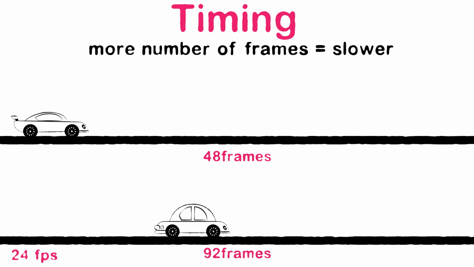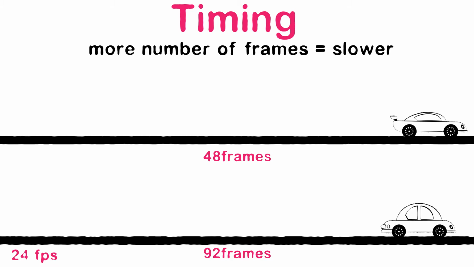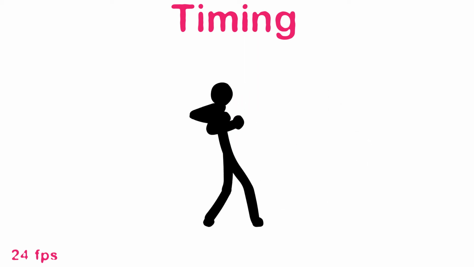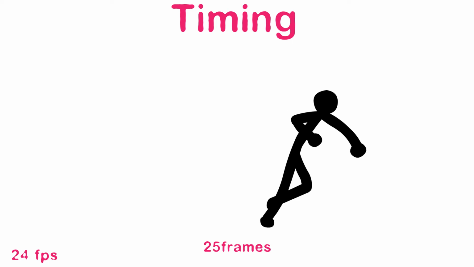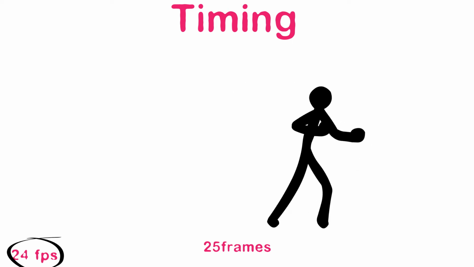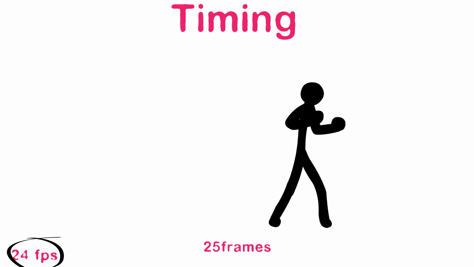Now, what I mean by this, let's understand with the help of a punch animation such as this one. This animation is taking around 25 frames. By the way, I'm working in 24 FPS, or 24 frames per second, so I'm talking in frames with respect to that only.